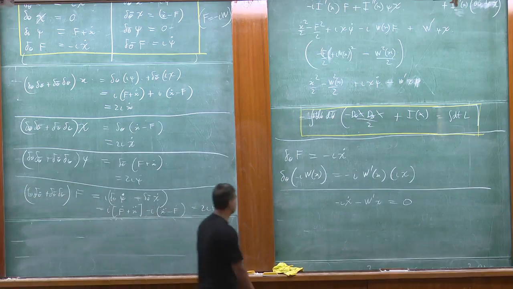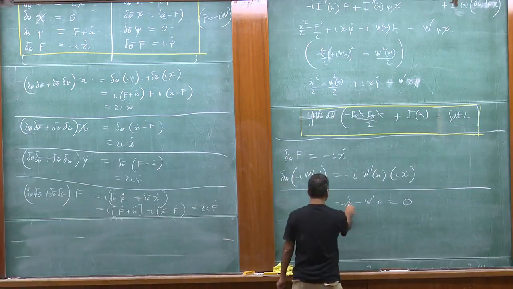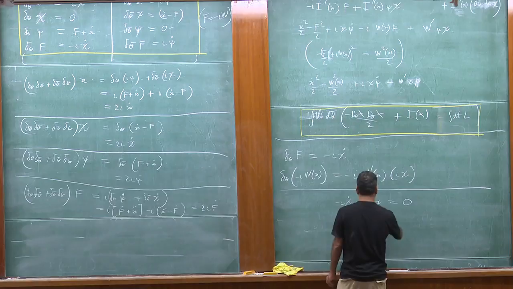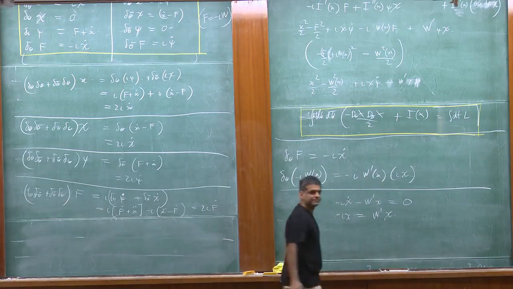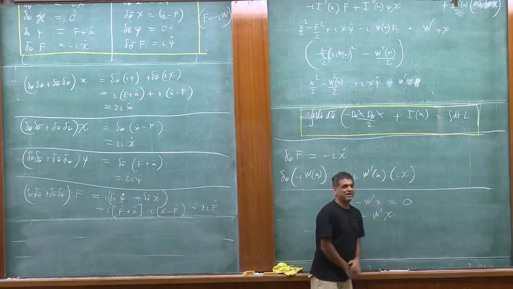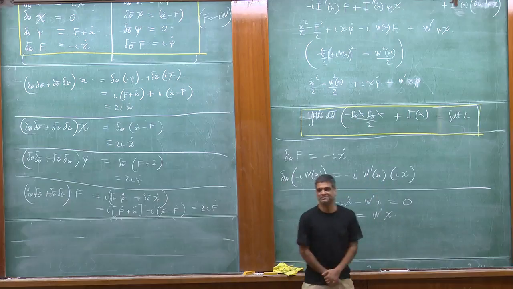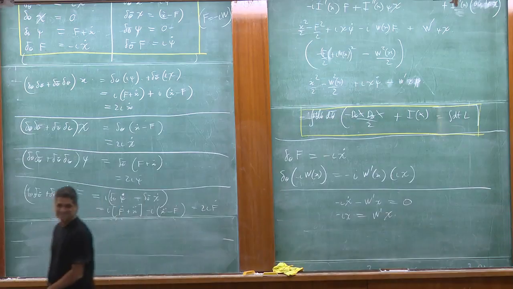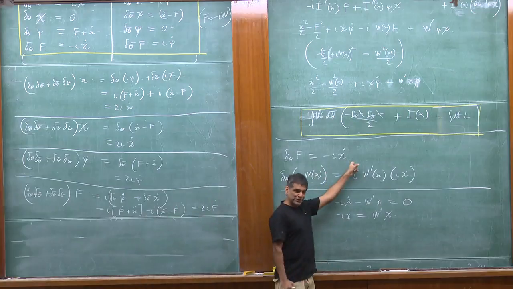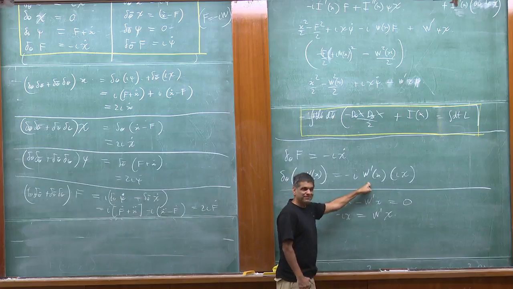And therefore, by the equation of motion, minus I chi dot is equal to W prime chi. But here we have W prime chi, because minus I and I cancel. So once we use the equations of motion, this transformation rule and this transformation rule are the same.